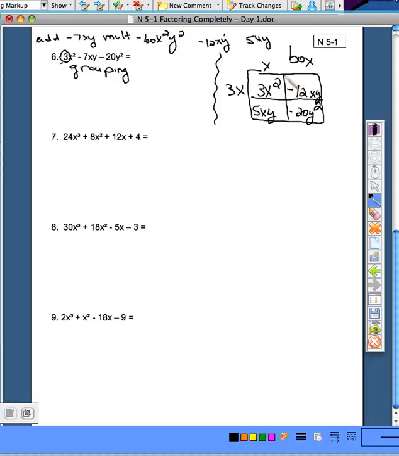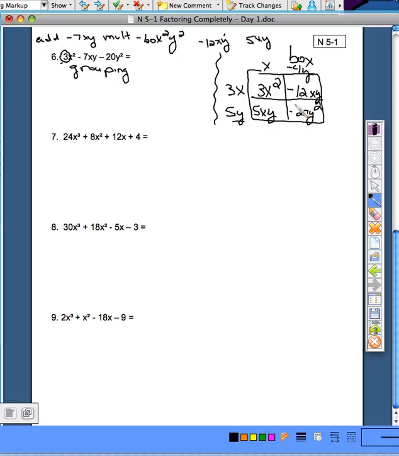All right, now this dimension is 3x, so we have to figure out this dimension. And it has to multiply by 3x to give me negative 12, so it's minus 4y. And here we're looking for the dimensions of this box. We know this is x. We need to figure out this one. And that one must be 5y because multiplied together they give me an area of 5xy.